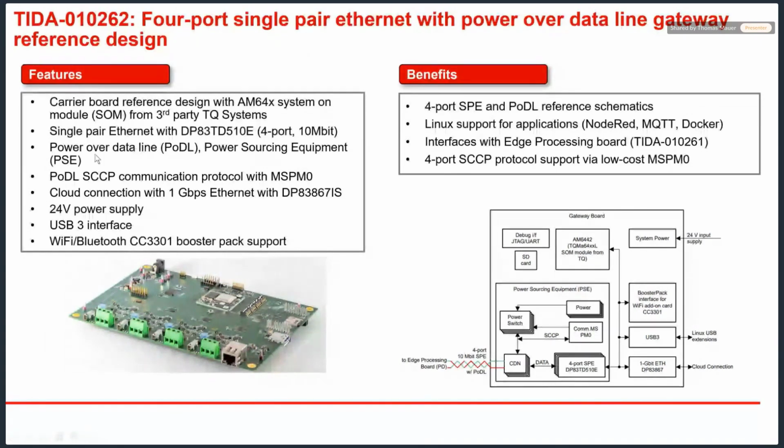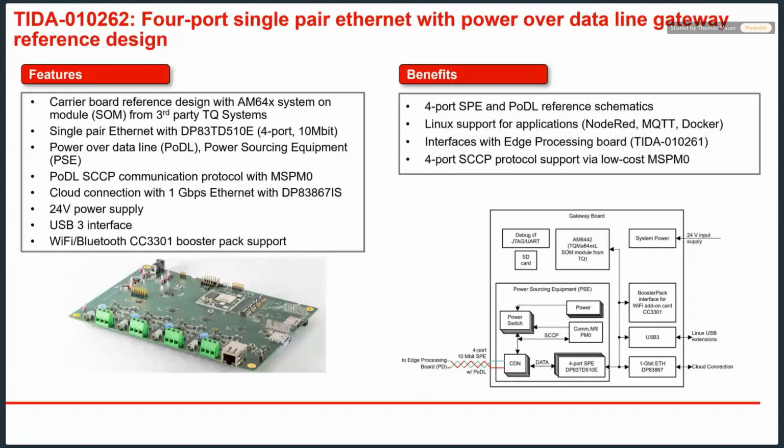Yeah, this system now supports a power sourcing equipment, the PSE, which means it will inject power and make it available to the sensor board. We also have implemented the SCCP communication. Here we are using an MSPM0 to handle all the 4 channels.